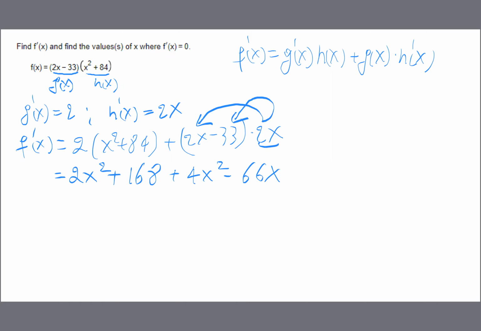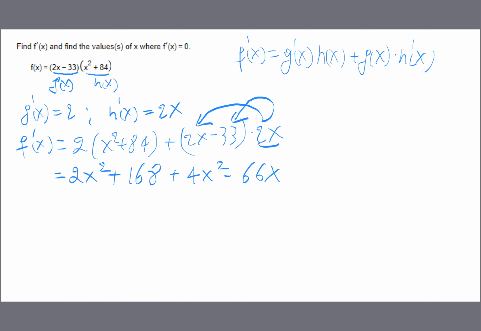So this is the first part. We found the first derivative. Then we want to find the values of x where f prime of x is 0. So for that, we're going to set f prime of x equal to 0. So we have 6x squared minus 66x plus 168 equals 0. It's a quadratic expression.